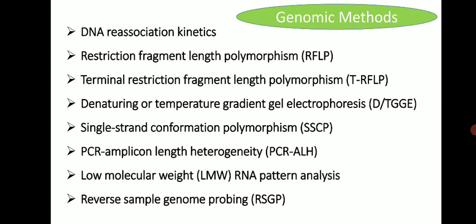They include DNA reassociation kinetics, then restriction fragment length polymorphism, abbreviated as RFLP, then terminal restriction fragment length polymorphism, that is TRFLP, then denaturing or temperature gradient gel electrophoresis, that is DGGE and TGGE, then single strand conformation polymorphism, that is SSCP, then PCR amplicon length heterogeneity, that is PCR ALH, and low molecular weight RNA pattern analysis, and last is reverse sample genome probing, RSGP.